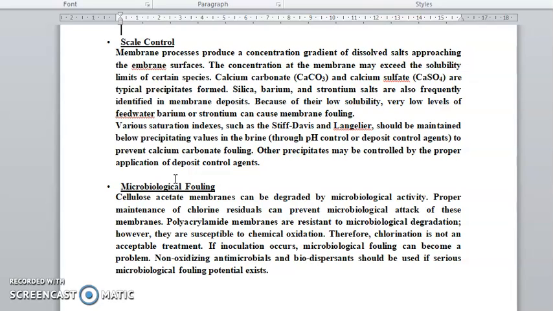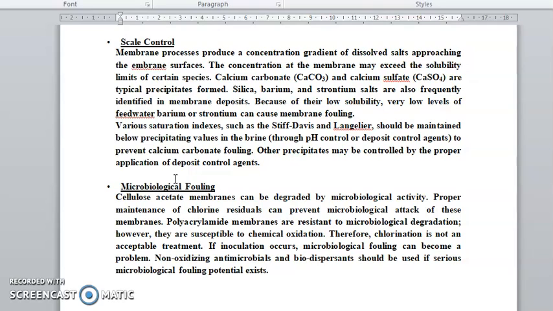Silica, barium, and strontium salts are also frequently identified membrane deposits because of their low solubility. Even very low levels of barium or strontium in the feed water can cause membrane fouling.